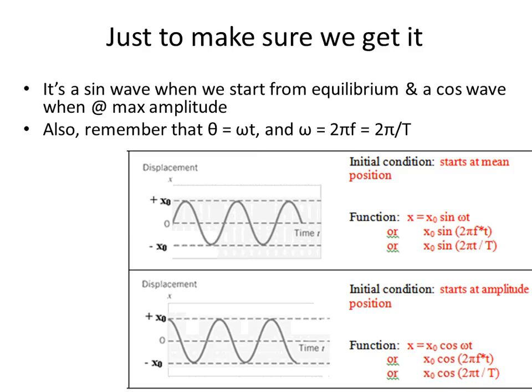Think of this: when we talk about rotational motion, it will be a lot clearer when we get back to that point. We can think of rotational motion as very similar to linear motion.